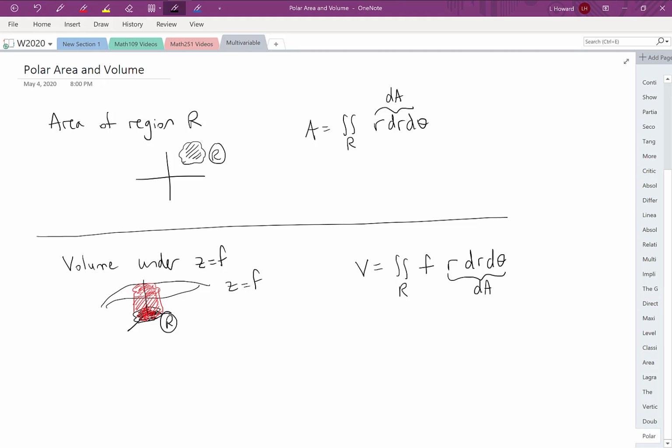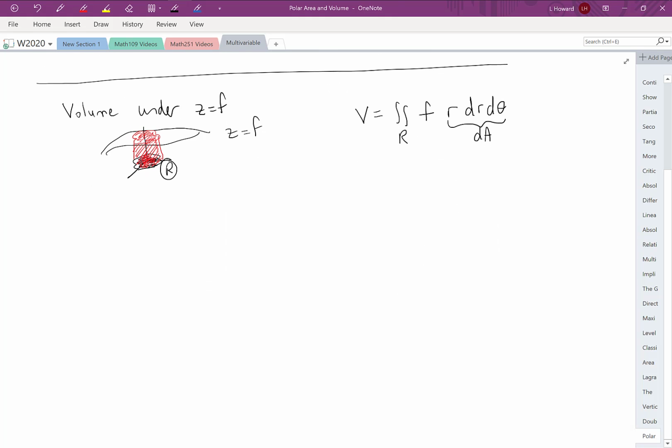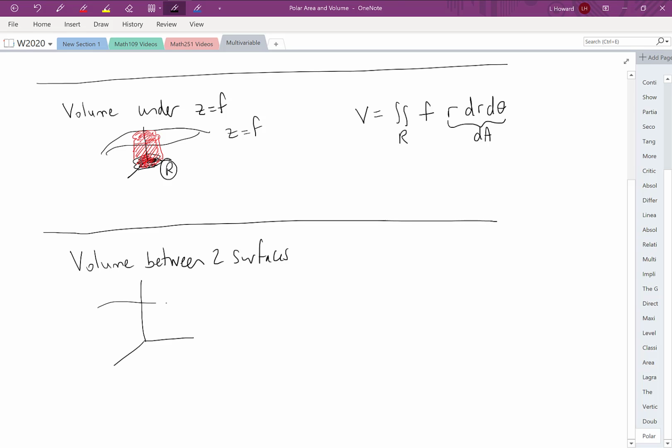And then we could generalize this formula a little bit by talking about the volume between two surfaces. Let's say we've got a surface z equals z top, and then another surface, say z equals z bottom. We want to find the volume between those two surfaces, but over a certain region in the xy plane.